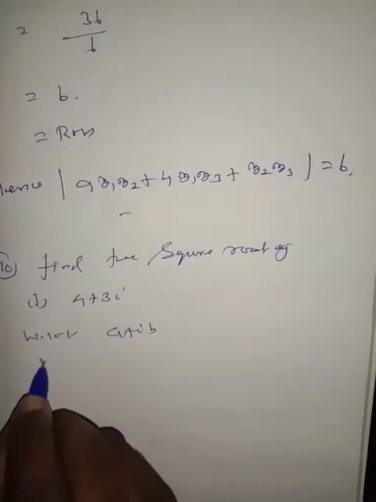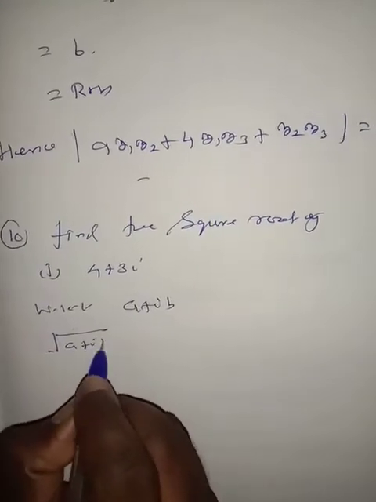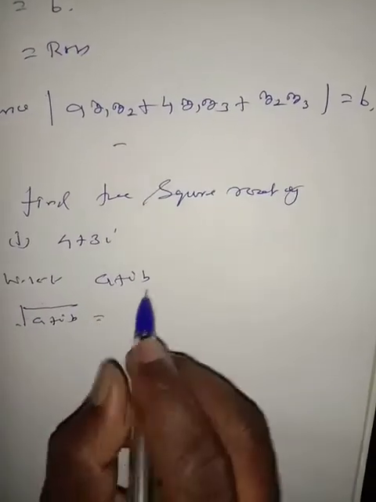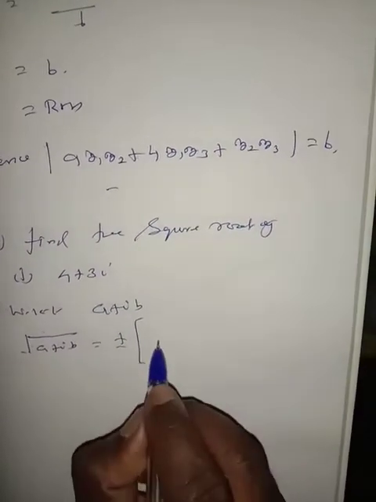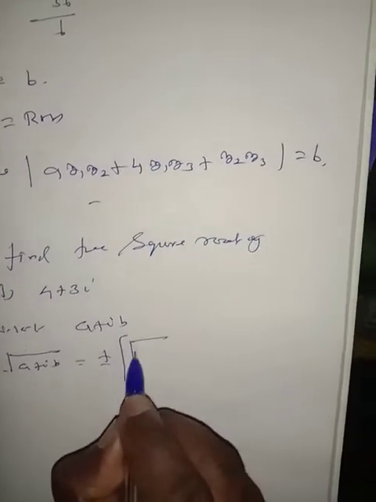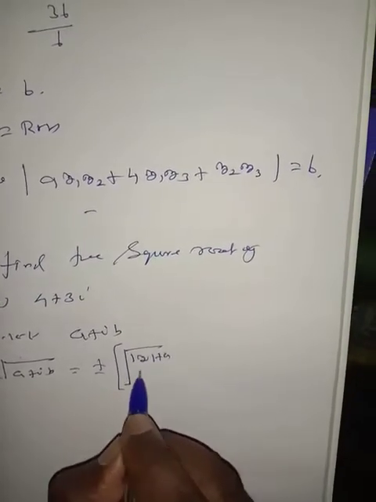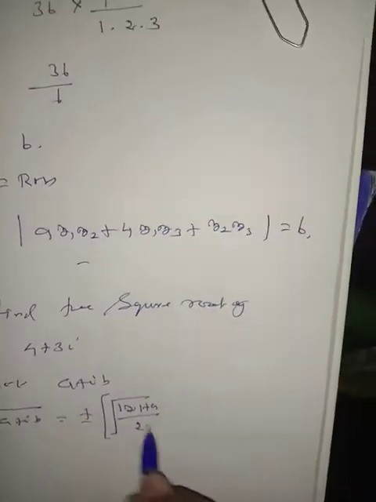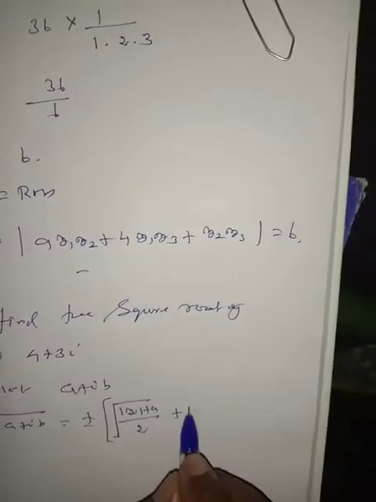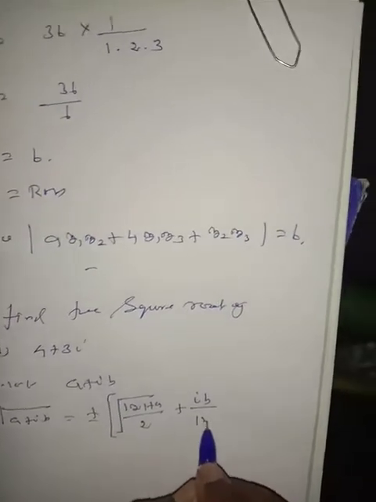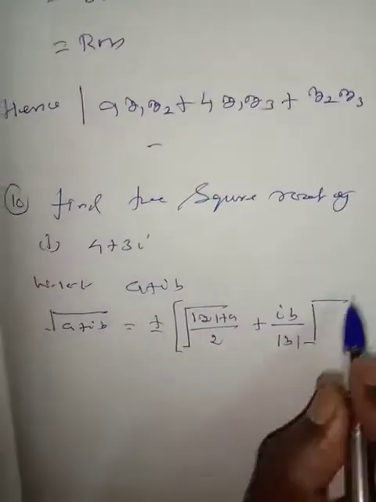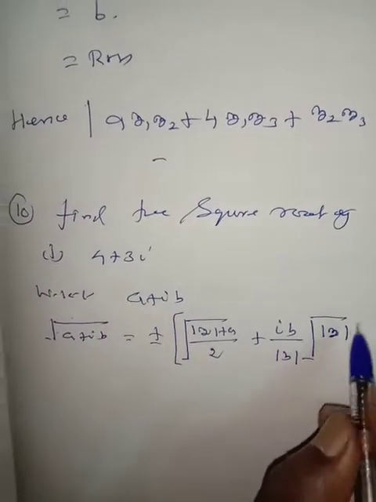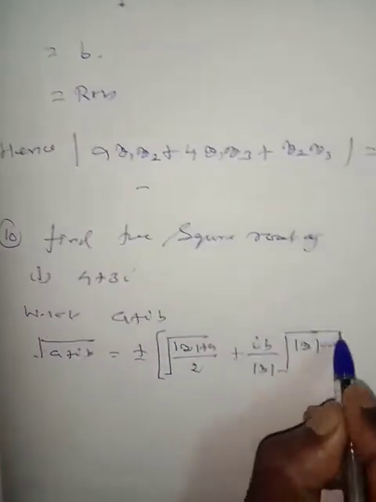The square root of a complex number a plus ib is plus or minus the square root of (mod z plus a) divided by 2, plus i times the modulus of b, square root of (mod z minus a) divided by 2.